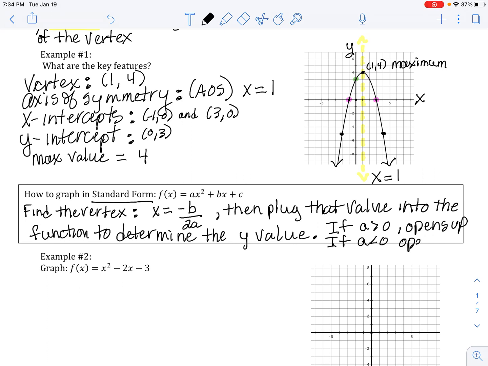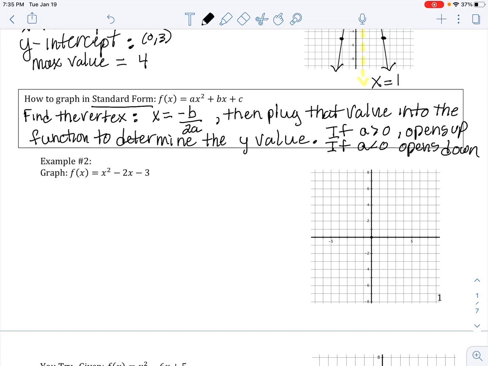If a is less than 0, it opens down. After that, you should find your key features. So draw in your axis of symmetry. Find your x-intercepts. Find your y-intercepts. Find another point and its symmetric point over the axis of symmetry.